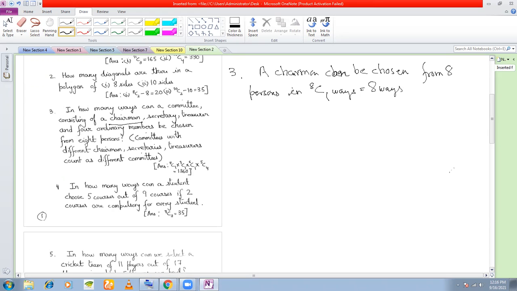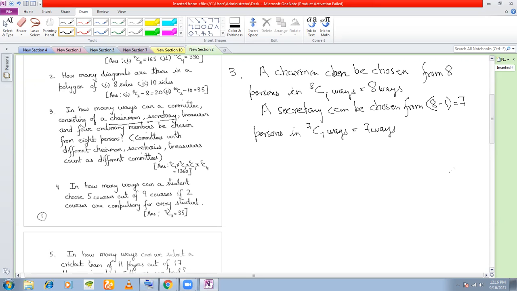Next, what do you have to select? You have to select a secretary. Now, because you have selected a chairman, after selecting the chairman, you now have to select a secretary. A secretary can be chosen from, now because you have already chosen a chairman, how many persons do you have? 8 minus 1, 7. From 7 persons in 7C1 ways, equal to 7 ways.